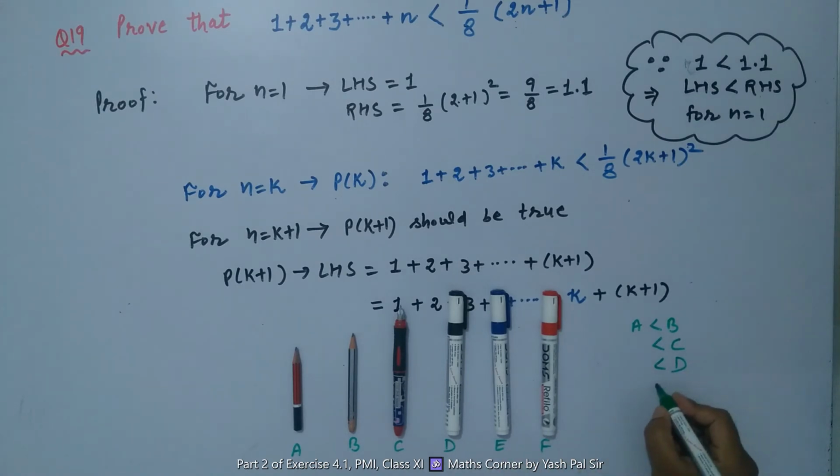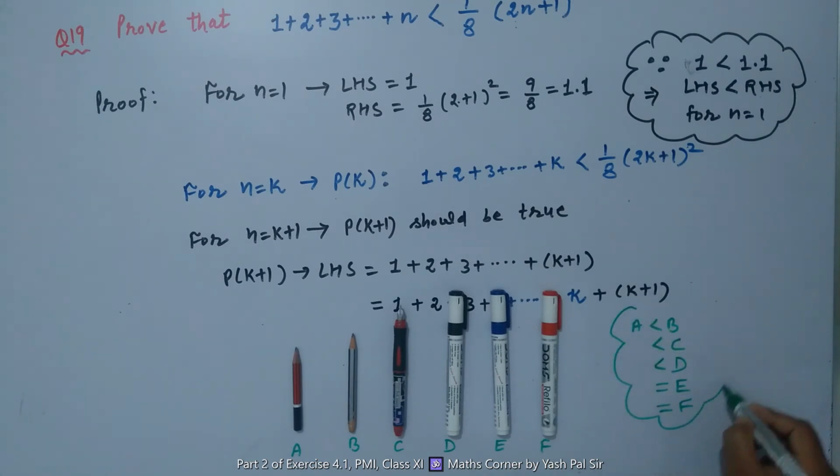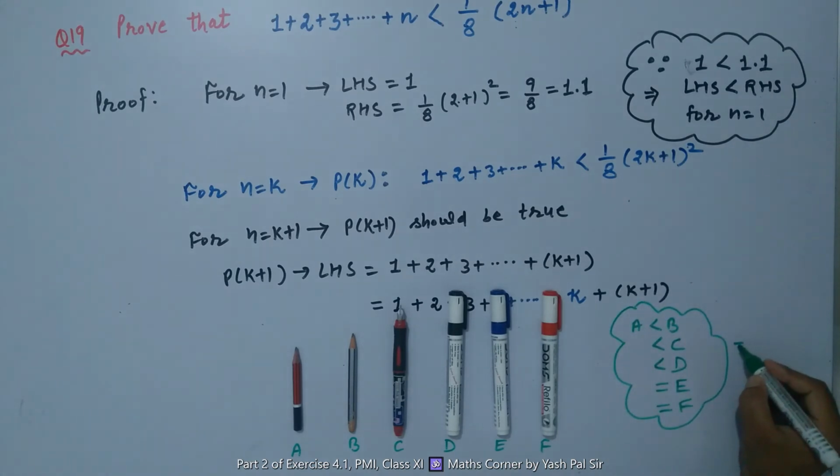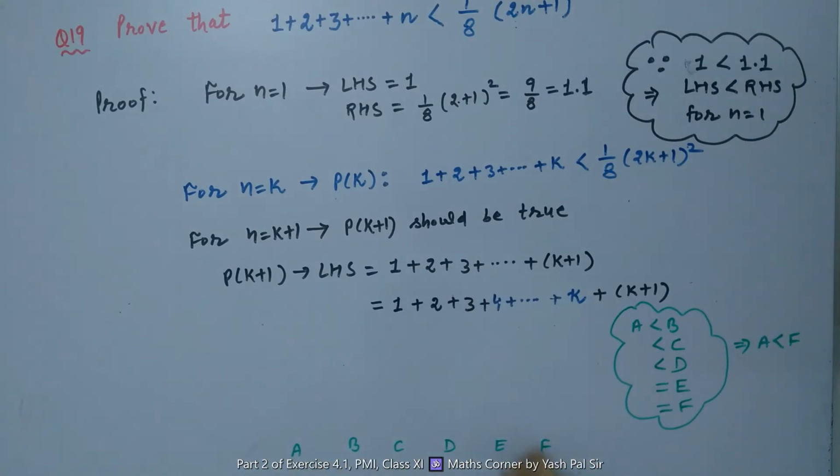The height of E here is equal to the height of D. So E is equal to D. Again, E and F, the height is same, so F is also equal. Now the conclusion is A is less than F. So accordingly we are going to use this result in the question now.